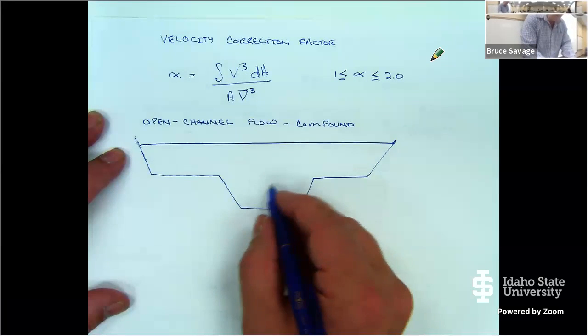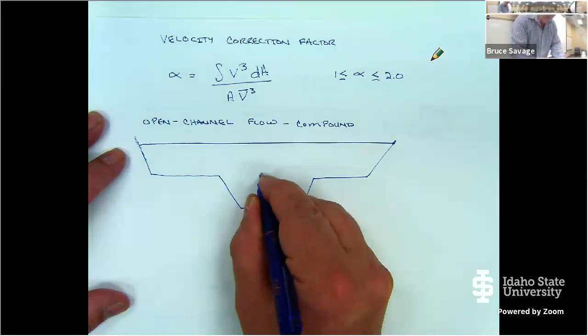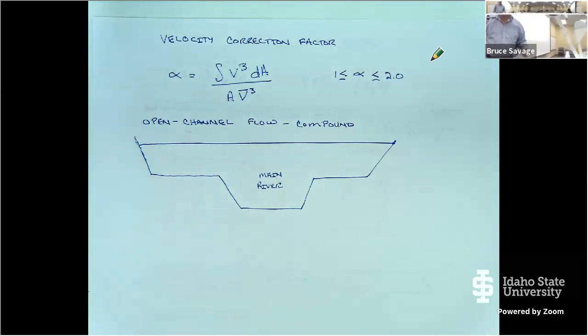And this is the main river. So the main river, when it's not flooding, the channel is within the river. All right, hasn't spilled out, it's not overbank.